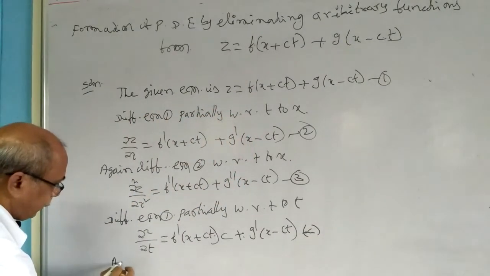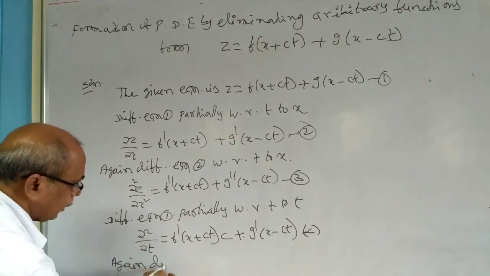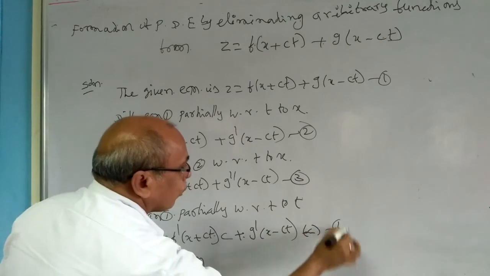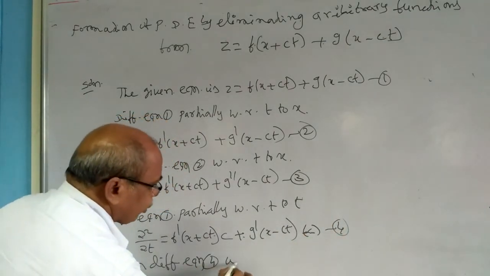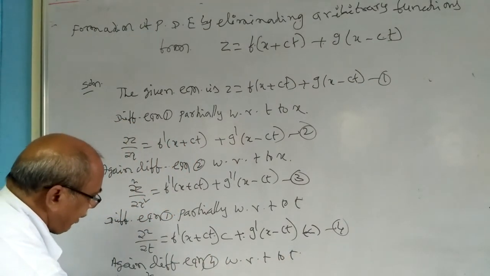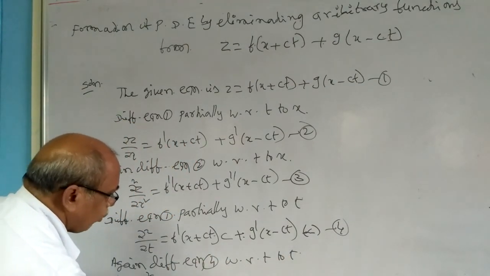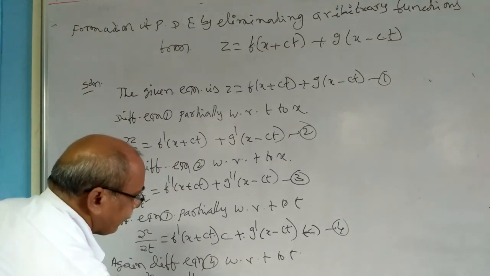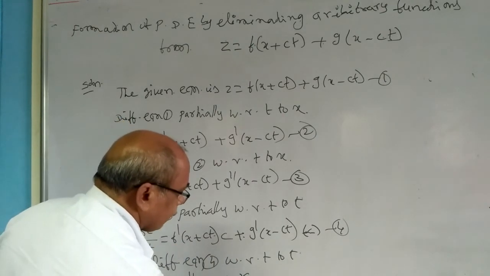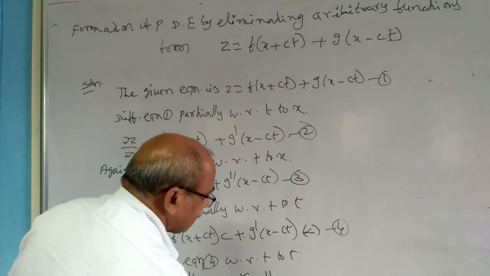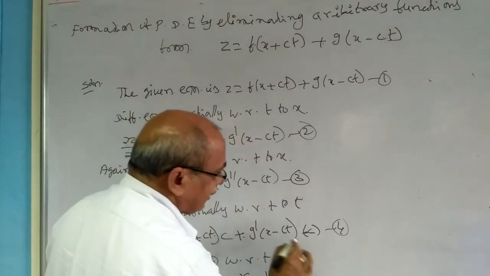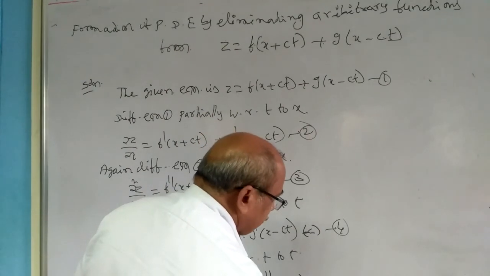Again differentiating equation 4 with respect to t, that is dou square z by dou t square is equal to f double dash x plus ct, differentiation of x plus ct with respect to t, that is c, into c, square, plus g double dash x minus ct, differentiation of x minus ct with respect to t, minus c, into minus c, square.